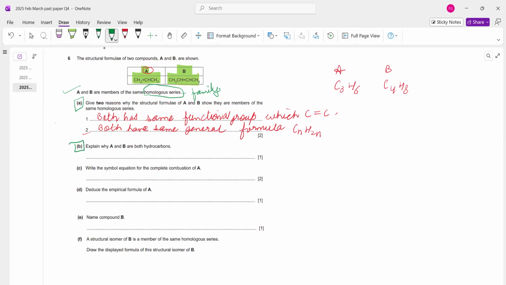Explain why A and B are both hydrocarbons. Now, this is super simple. Hydrocarbons are the compounds that are made up of carbon and hydrogen only. That's why they are called hydrocarbons, hydrogen and carbon.